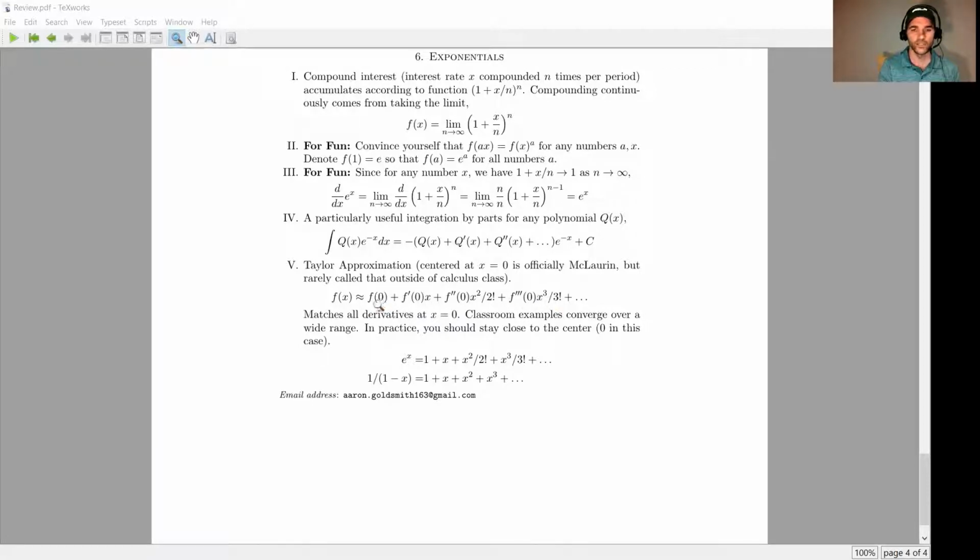The first Taylor approximation is this number f of 0. It's saying if I were to try to approximate the function f near x equals 0, and I could only give one number, my best guess would be f of 0. And it's a continuous function, so you know that it's going to be close just by the definition of continuity. Then this next term is the linear approximation, and it's something you should have been doing already in a calculus class.